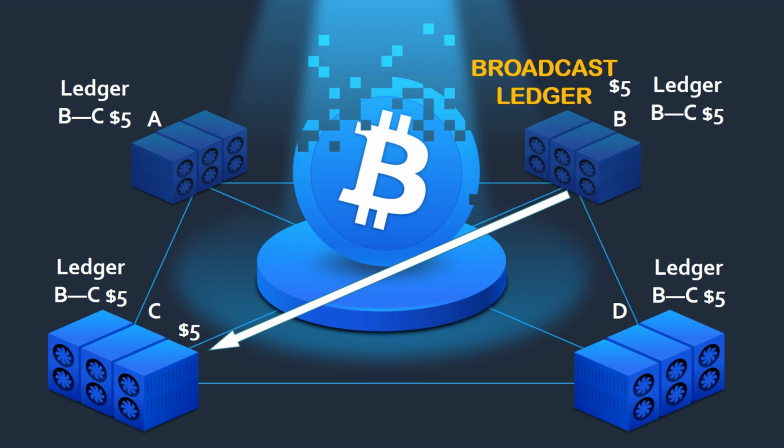But this is an unvalidated transaction yet. In order to get it done, we need to understand the concept of miners in Bitcoin. Let us suppose that D and A are miners. Miners have to compete among themselves over who will be the first to take this transaction, validate it and put it into the ledger.